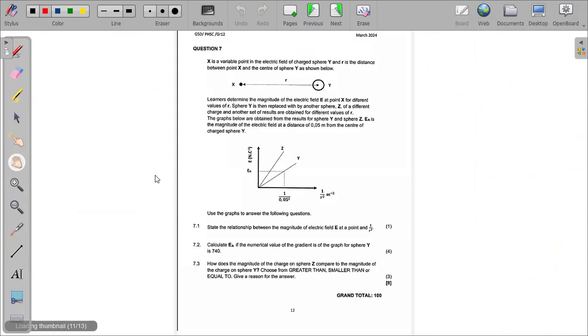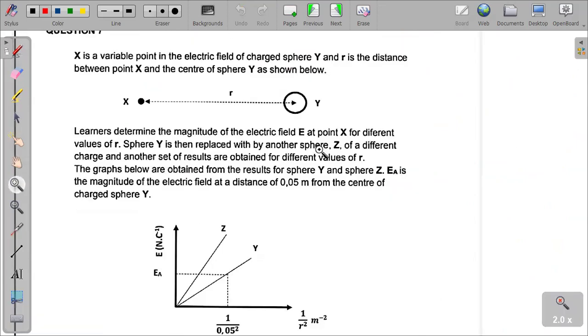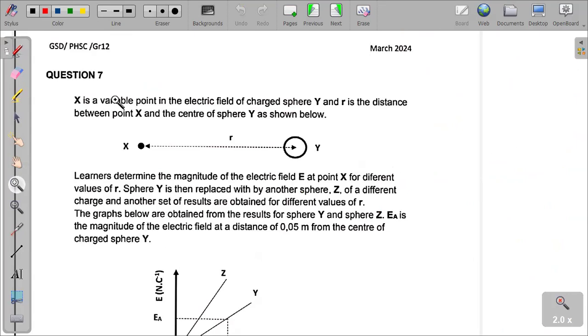So there is question number 7, right? Question number 7 is saying X is a variable point in the electric field of a charged sphere Y, and R is a distance between point X and center of sphere Y as shown below.